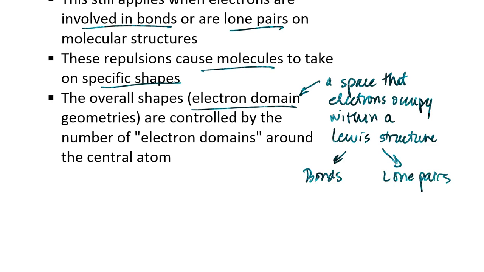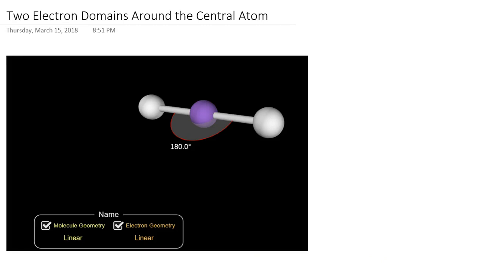Okay, so when we actually have a structure in front of us, then it's somewhat easier to visualize what these molecular structures are going to look like. So on these next few slides, I've included pictures from a simulation that we'll also be using in class to help ourselves out in understanding this stuff. But suppose here that this purple atom represents a central atom within a Lewis structure.